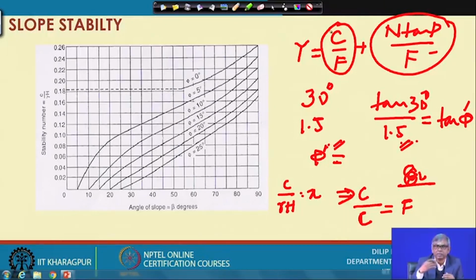If they are not equal, I change my assumption, get the new value, compare it with the assumed value, and if they are close enough, I take that as the factor of safety. This is the way it is to be done. I did this quickly, so I have summarized once again how to utilize this stability chart.